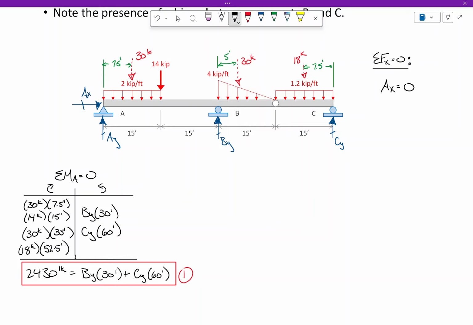Okay. Now, what's my other equation of equilibrium? I've used that. I've used this. What's my third one? There we go. So let's sum forces in the y direction.